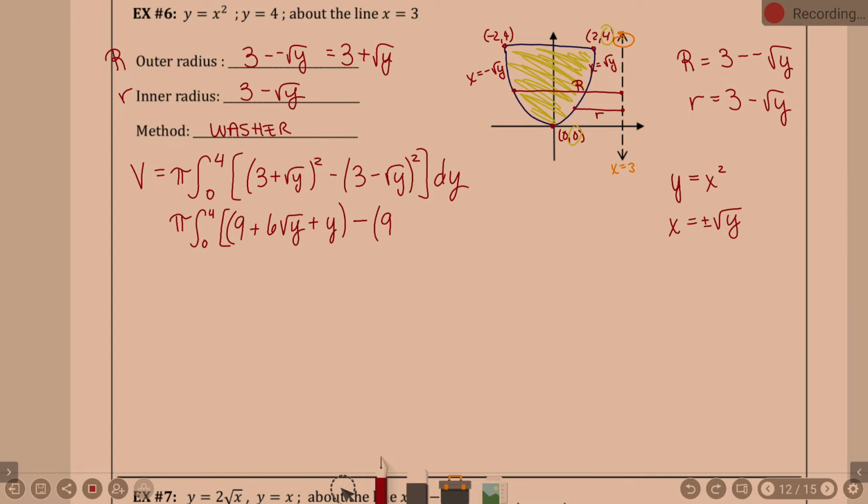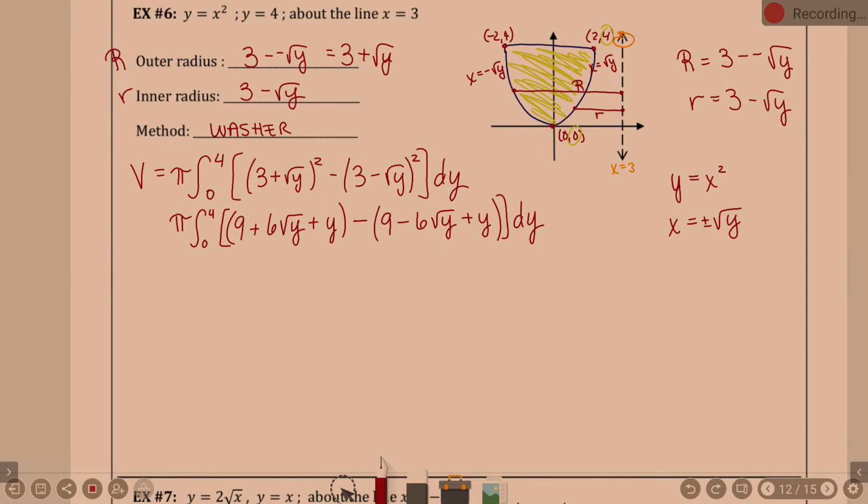Then there's going to be another negative 3 square root of y, so we're going to say minus 6 square root of y. And then negative square root of y times negative square root of y is going to be another plus y times dy.